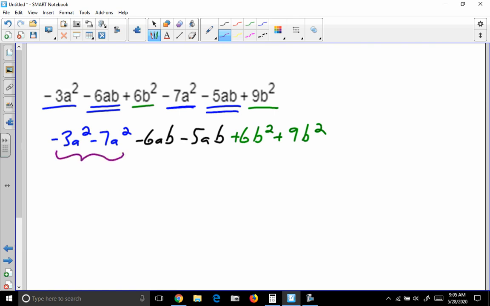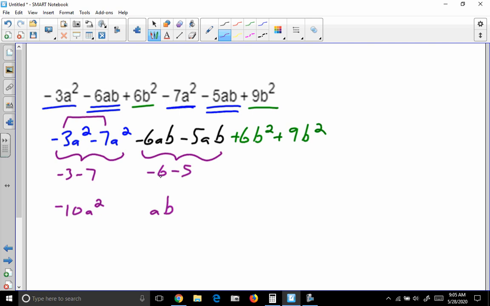So those are alike, so we combine their coefficients. 3 minus 7. So the same signs, we add the numbers, take the sign of the bigger, and that tells us how many a squared we have. Here, those are both ABs, so if we want to know how many ABs do we have, minus 6, and then we have minus 5 more.